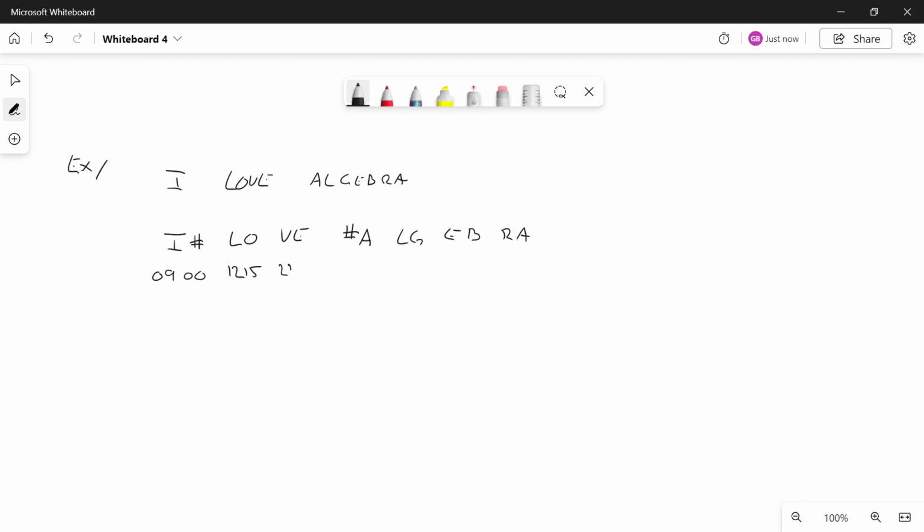VE is 2205. Space again 00, A is 01. That's not going to be a difficult one to encrypt. LG 1207, EB 0502, and last but not least RA, which is 1801.